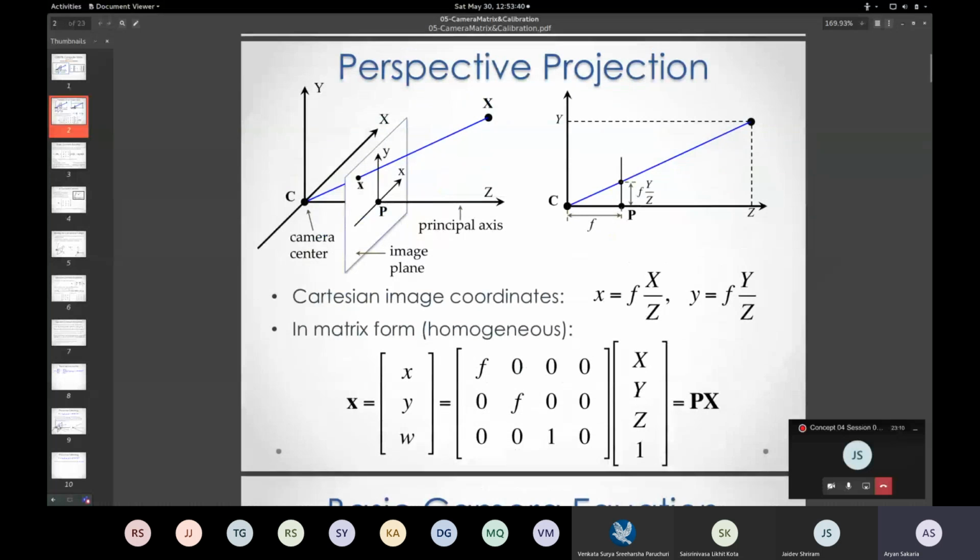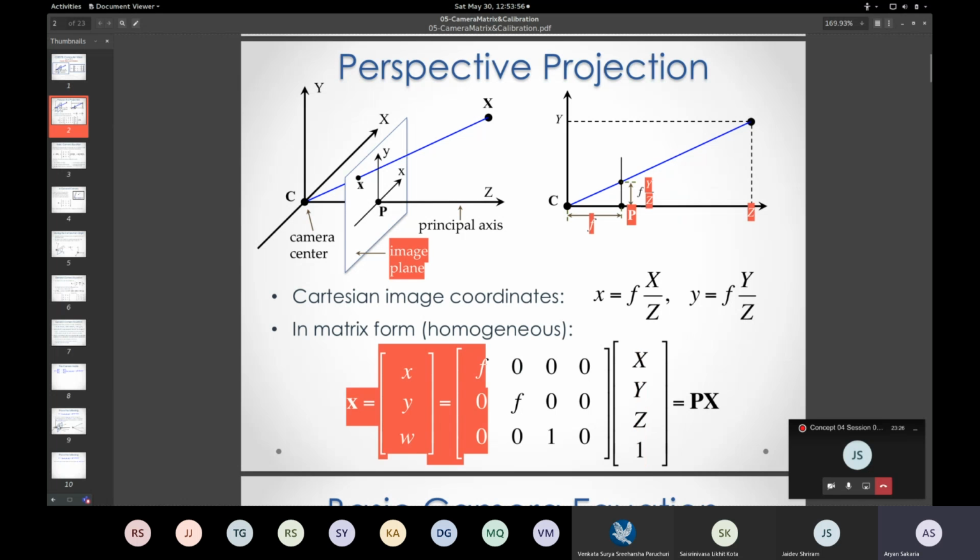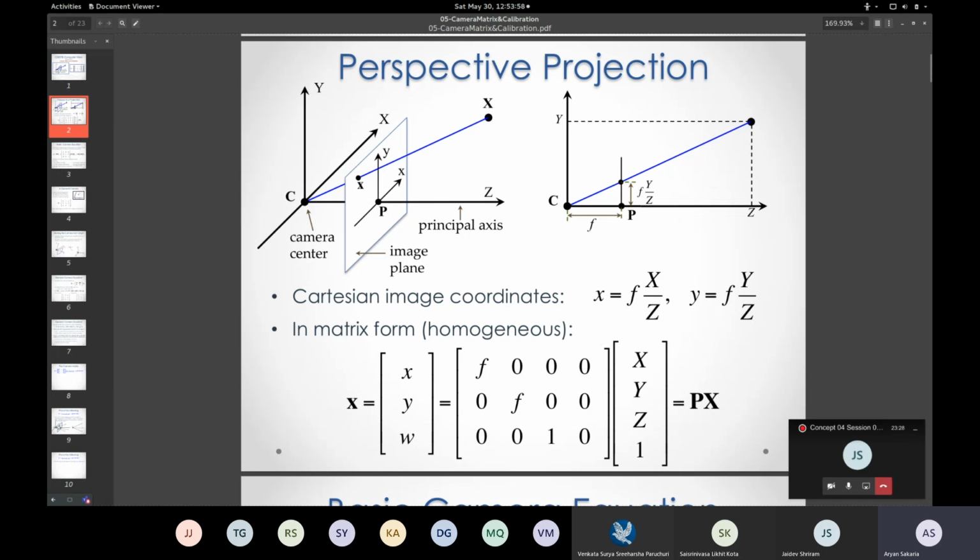Okay, so now we have a homogeneous coordinate. I mean, these points are represented as 4-dimensional points. This one is just a scaling factor, right? And we want to go into planar location, but that's also going to be a homogeneous thing. So we're going to stick to 3 dimensions.